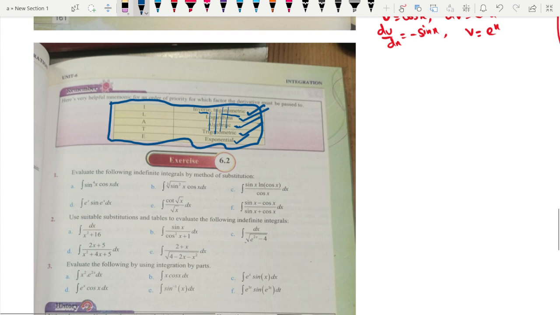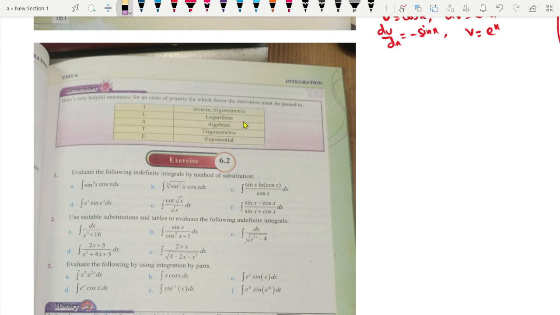So this is the preference about making one function u. First of all, make the inverse trigonometric function u. When it is not present, and only logarithmic is present, make that u. When this is present and these two are not, make it u. When this is present and all these three are not present, make it u.